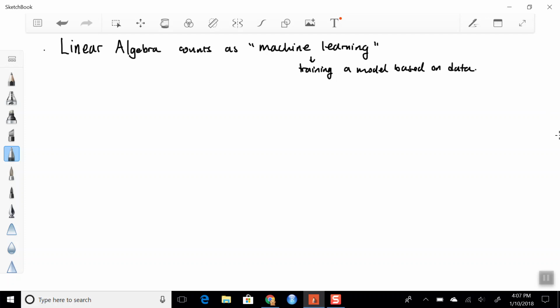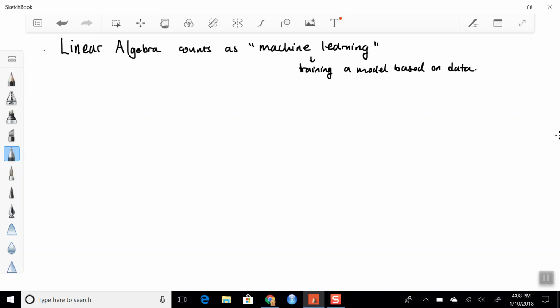So you all know linear algebra, so it is not a lie to say you are familiar with basic machine learning, although some might say that is unethical and misleading, because when you say machine learning, they're probably expecting something more complicated, but it's not a lie to say that. It is true.